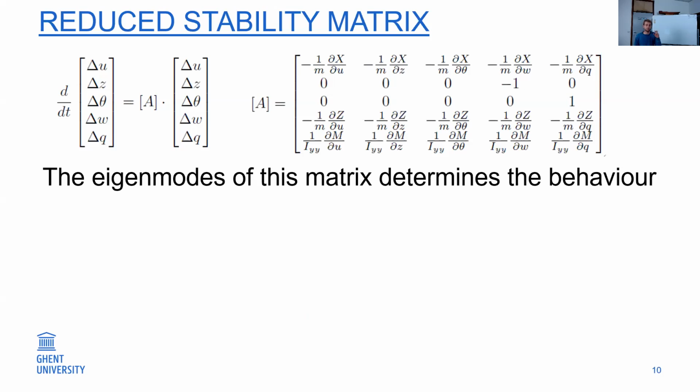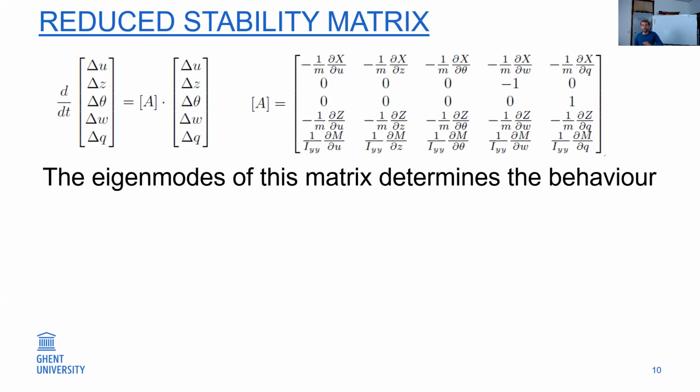And this matrix A, again a stability matrix, the reduced stability matrix, gets the outlook which you see on the right. In this stability matrix, we recognize mass and moment of inertia, and these are terms we know about our design. But we also get all these force and moment derivatives, and these force and moment derivatives are needed to evaluate the stability matrix.